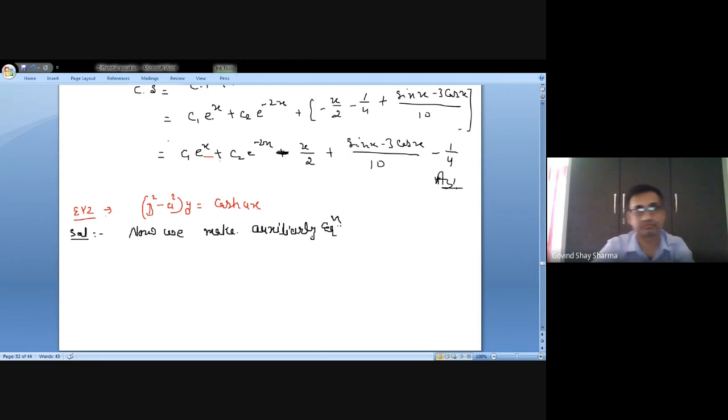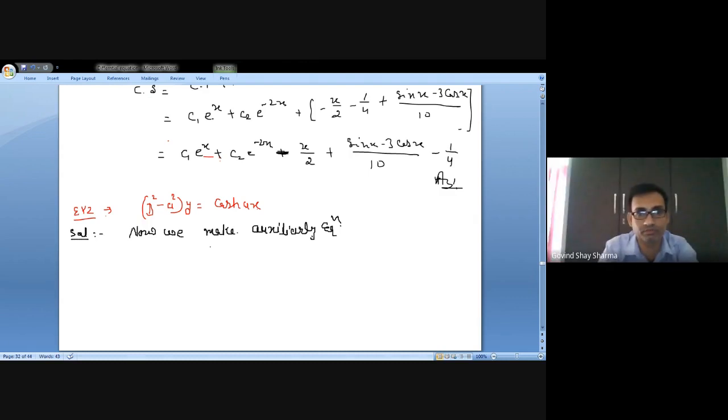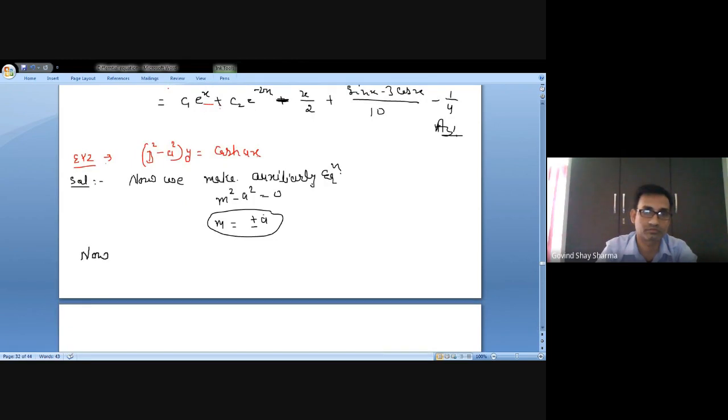The auxiliary equation becomes m square minus a square is equal to 0, m square is equal to a square, so m is equal to plus minus a. Now m becomes a and minus a.